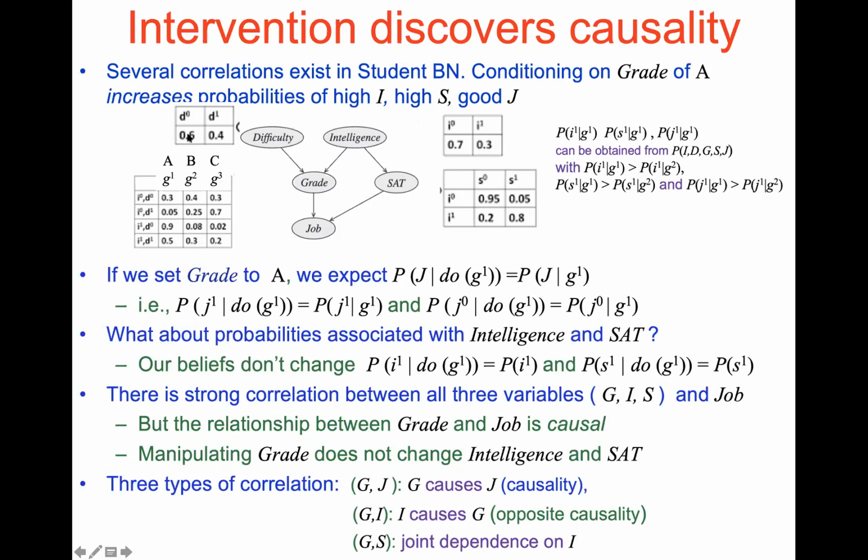In this case, the probability of grade A is high, 0.9. Anyway, this is the table here.